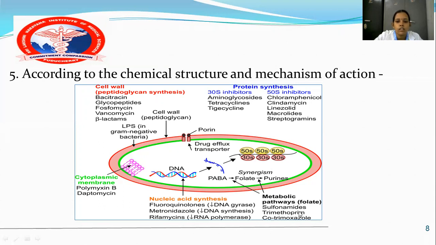So what are the drugs responsible for this? Sulfonamides, trimethoprim, and cotrimoxazole. Protein synthesis has 30S inhibitors and 50S inhibitors. The 30S inhibitors are aminoglycosides, tetracyclines, and tigecycline. The 50S inhibitors are chloramphenicol, clindamycin, linezolid, macrolides, and streptogramins. These are all the structures and mechanisms of action.